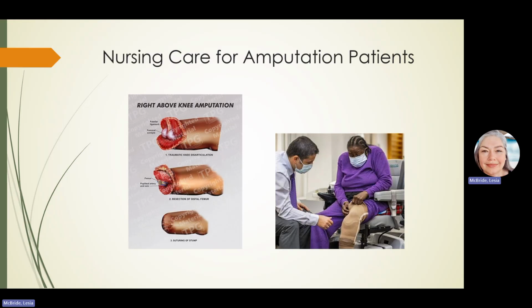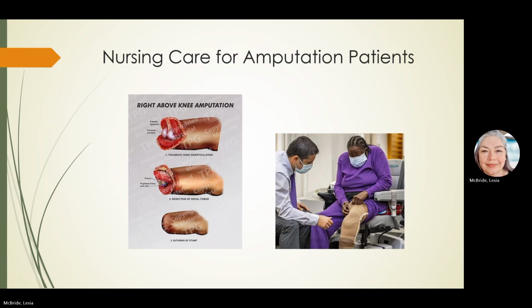If it's below the knee, we don't want that knee tightening up or flexing too much so that they can have a good prosthetic result. Teach them about wound care, teach them about signs of infection, and then, of course, provide psychosocial and psychological support, encourage expression of their feelings, and help the family be able to care for the patient.